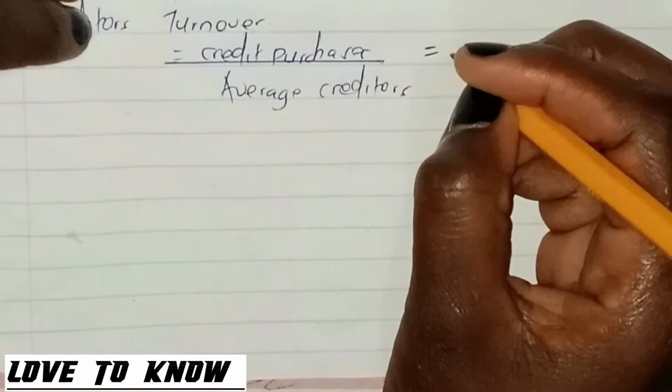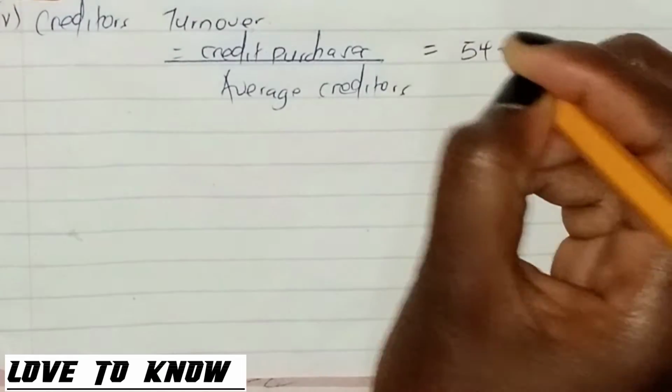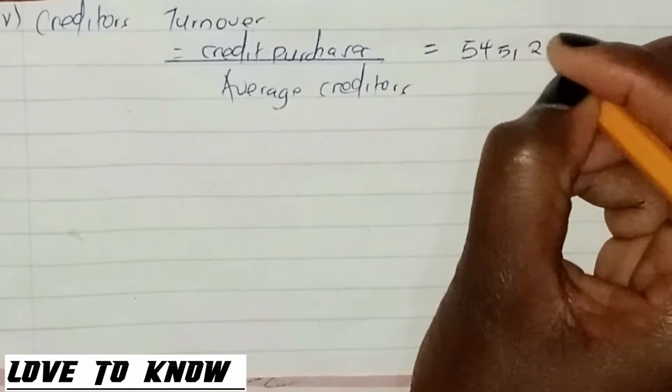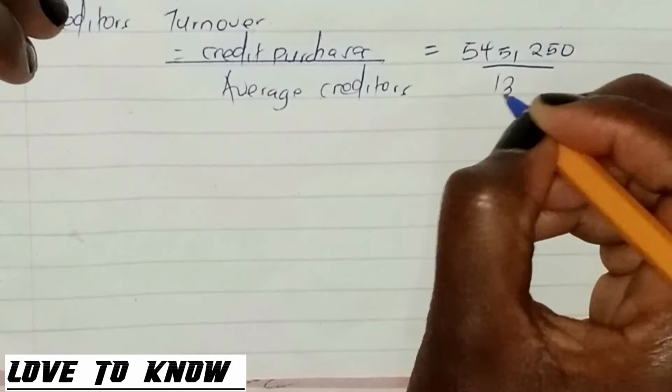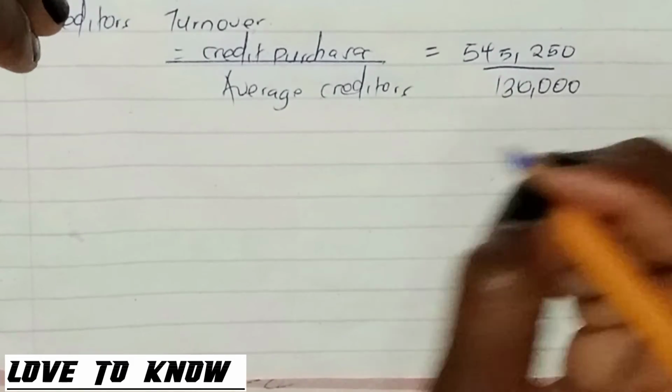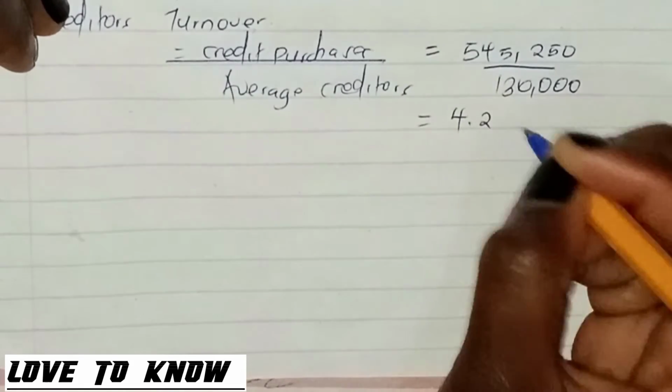This will be 545,250 from the question. We divide by the average creditors, that's 130,000. This gives us 4.2 times.